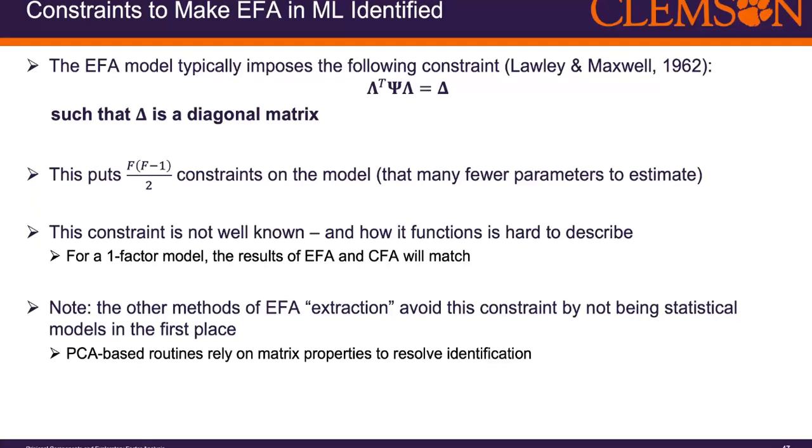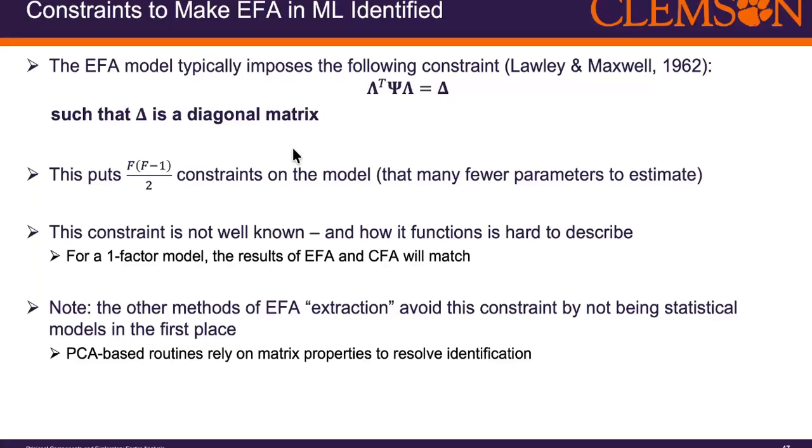Now, this is where things get a little bit weird in exploratory factor analysis land. This is to estimate a maximum likelihood exploratory factor analysis. What's often used is a constraint formed by a paper by Lawley and Maxwell in 1962, where we say the factor loading matrix transpose times our diagonal matrix of unique variances times our factor loading matrix, that resulting matrix from this product, delta, is diagonal.